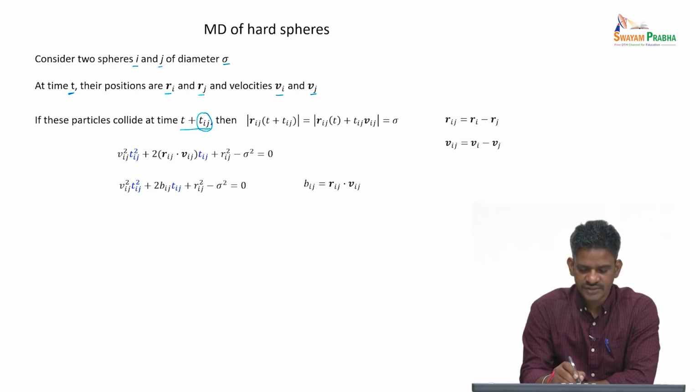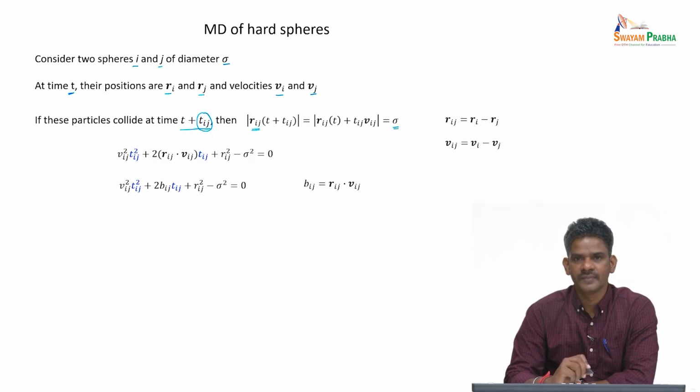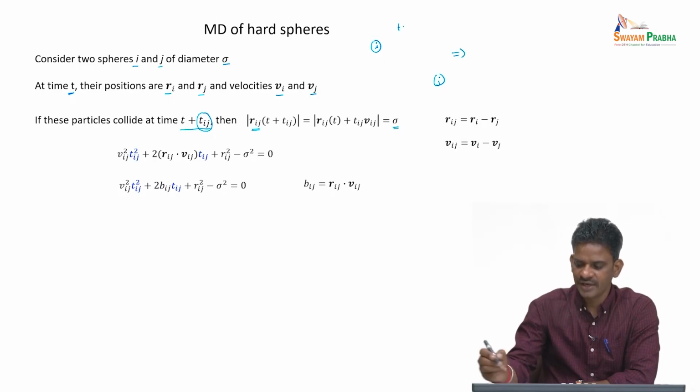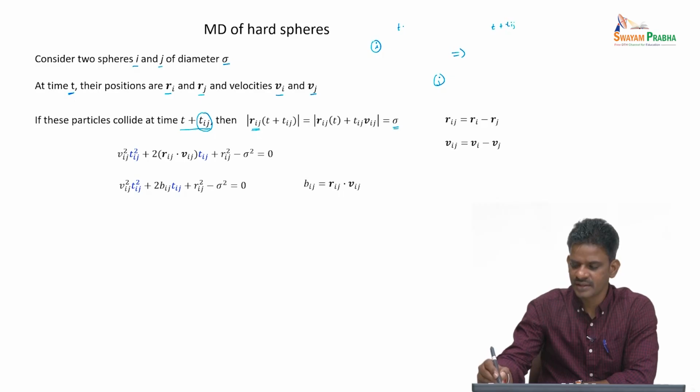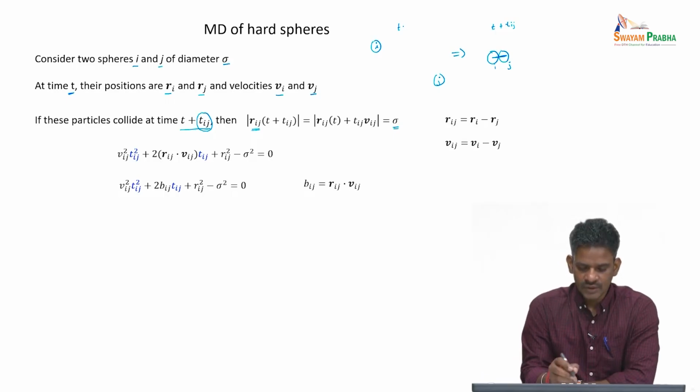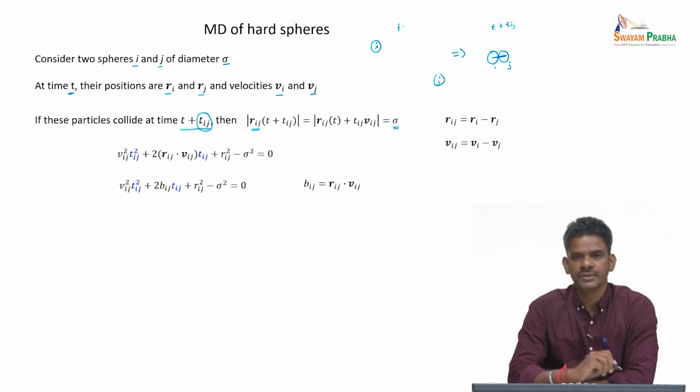If the distance between i and j is equal to sigma, that means at time t the particle could be somewhere here, and then at some future time t plus Tij, if the particles were to collide, you will see that the distance between particles i and j should be equal to sigma, which is nothing but the diameter of the particle. So we write that Rij at t plus Tij should be equal to sigma.